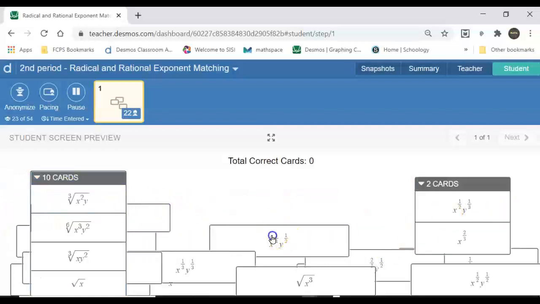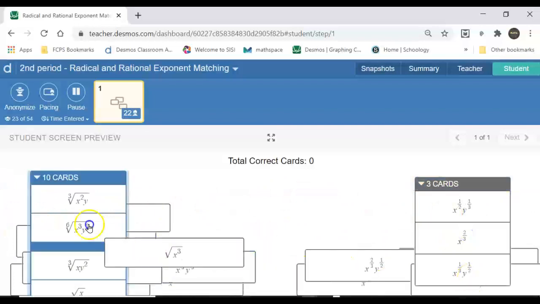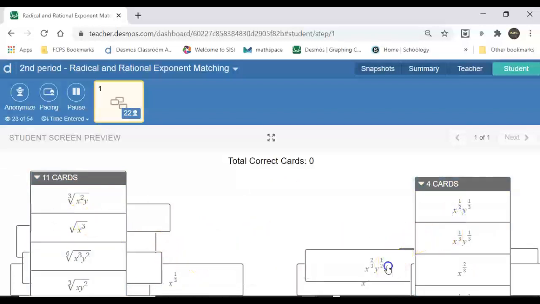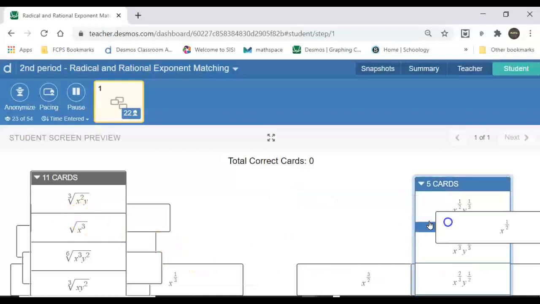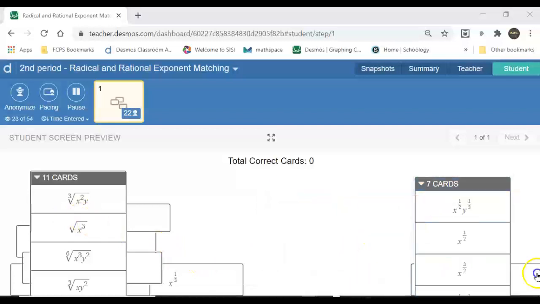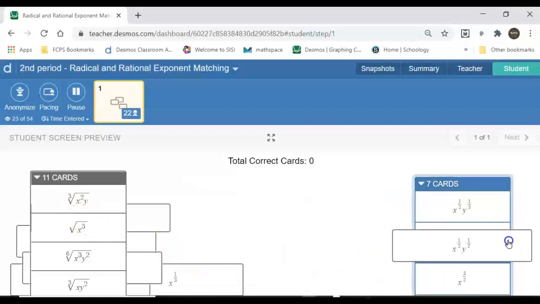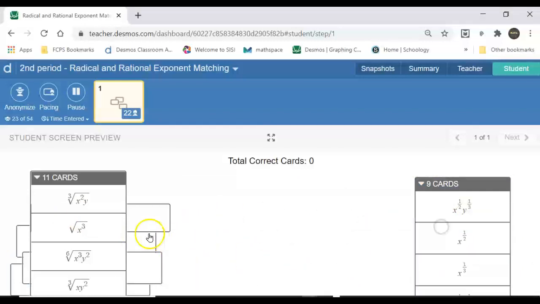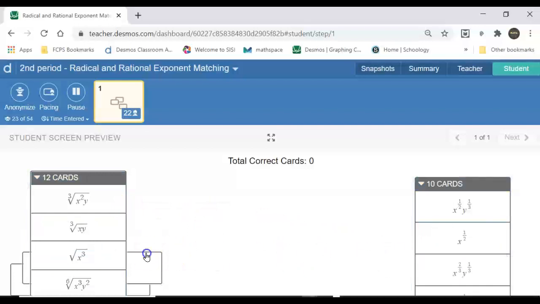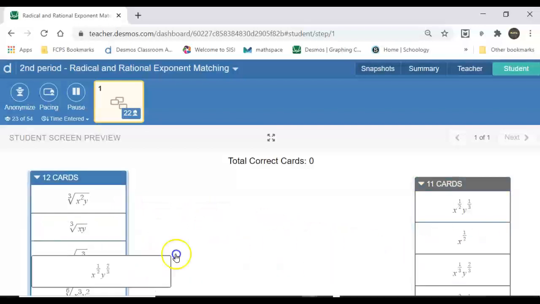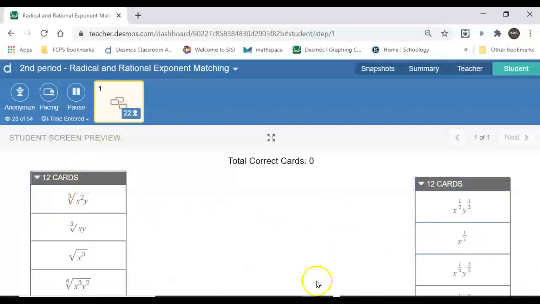Anything with exponents, go this way, radical that way, exponents. All right, so we got 12 in each.